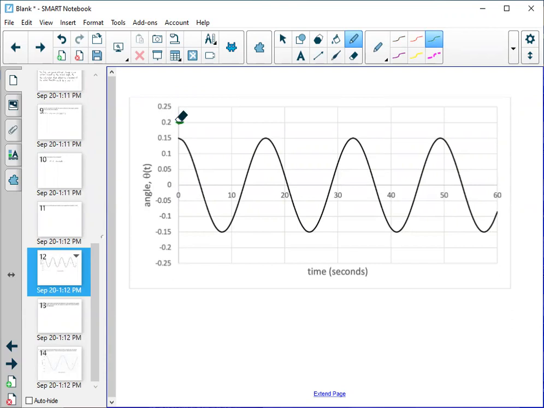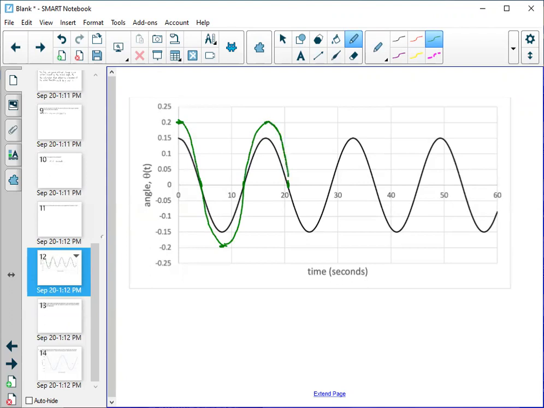And it's going to cut through the axes at the same points, but it's going to go down a little bit farther and up a little bit farther. So it's going to come down here, cut through the axis, go all the way down to negative 0.2, and then turn around, go back up, cut through the axis at the same place the other curve did, and then reach our max at 0.2.